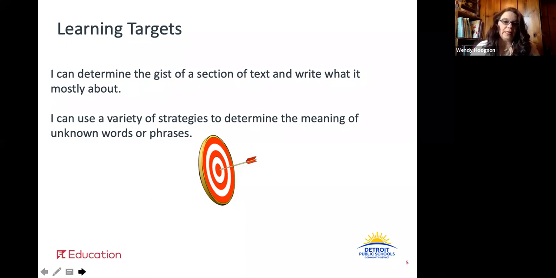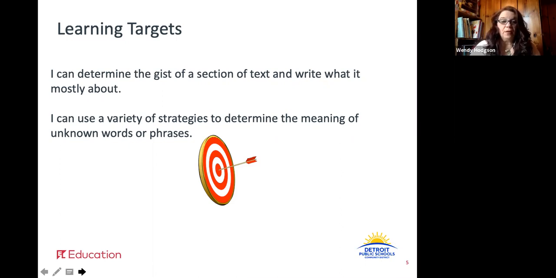I do want to turn our attention a little more deeply to learning target number 1: I can determine the gist of a section of text and write what it is mostly about. There is an important difference between the gist and the main idea. Often in school, you've been in school long enough, you've heard a lot about the main idea, and with our curriculum, you also hear a little bit about the gist, and they really are not the same thing.